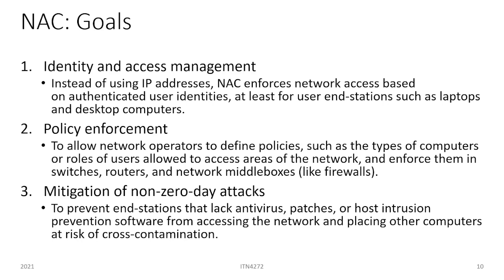So with network access control, we can identify three main goals that we can have. One is identity and access management. So this is where we try to authenticate users, identify users, some form of attaching an identity to these devices that are connecting.